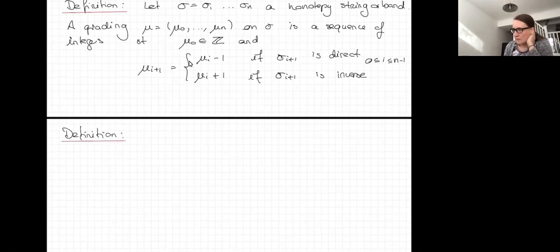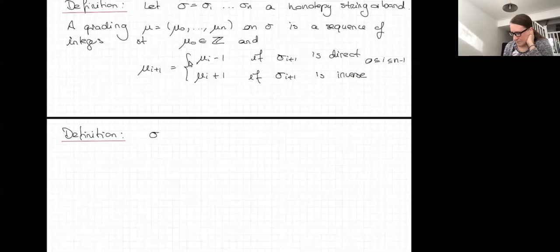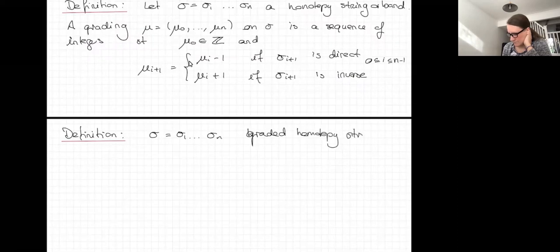So we have sigma 1 up to sigma n, again a graded homotopy string now, with grading mu.